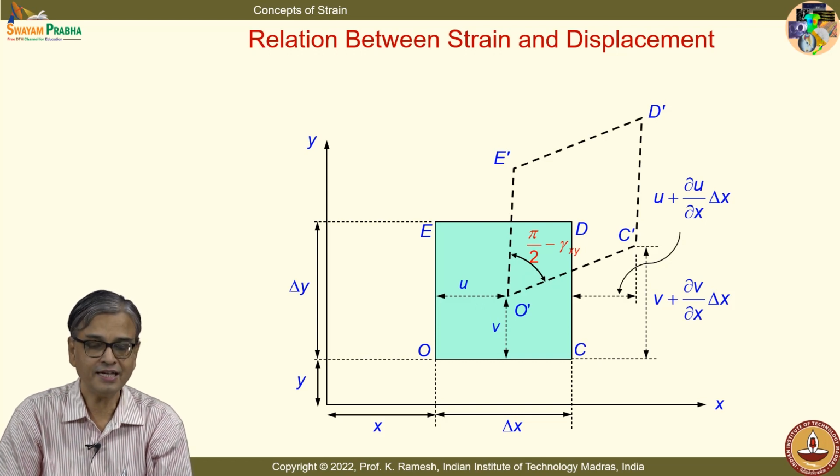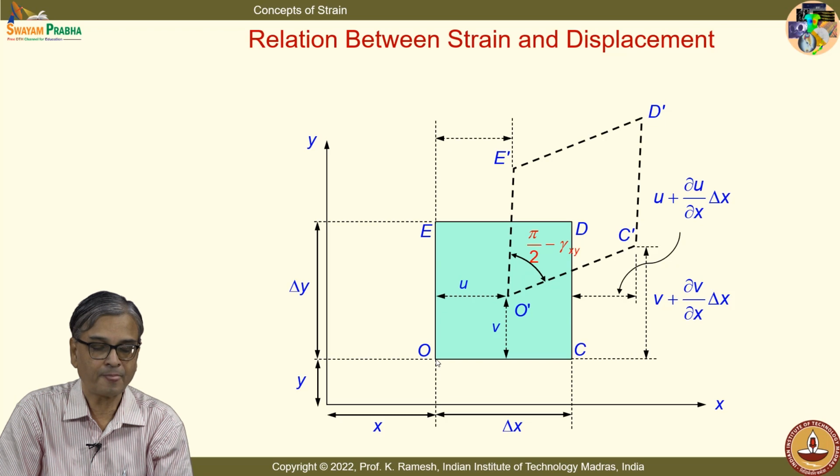We have to see that u is a function of x and y, and v is also a function of x and y. Now, we are looking at what happens when x changes. Similarly, when I come to E prime, y has changed, which is a better way to appreciate it.